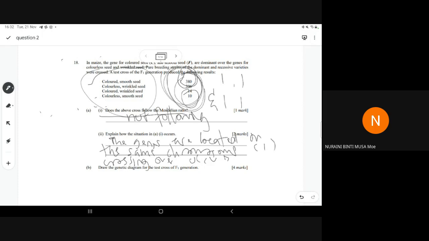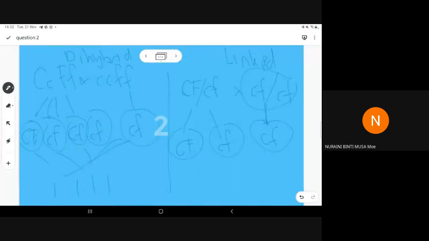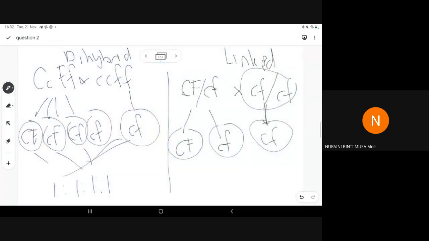The answer is very simple. Sebab even though the genes are linked, even though C besar F besar ni are linked and C kecil F kecil ni are linked, you can still manage to produce hybrid gametes which is C kecil F besar and C besar F kecil. But not because of Mendel punya ratio, bukan sebab law of independent assortment, but because of the process that happens at every meiosis process.